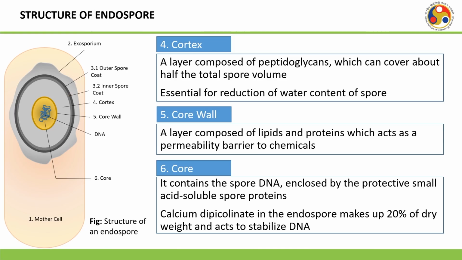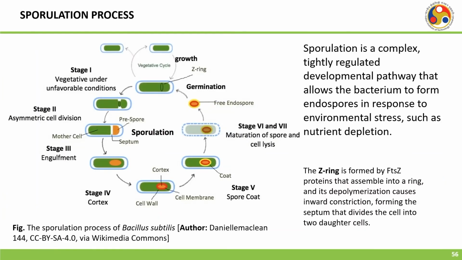And then we have the core, which contains the spore DNA enclosed by protective small acid-soluble spore proteins. Calcium dipicolinate in the endospore makes up 20% of dry weight and acts to stabilize the DNA inside.